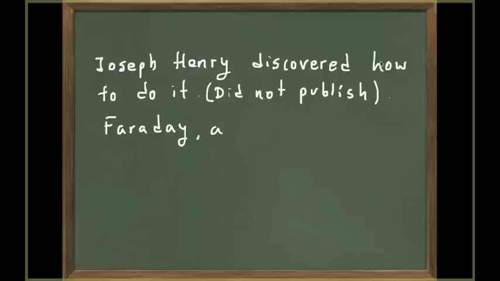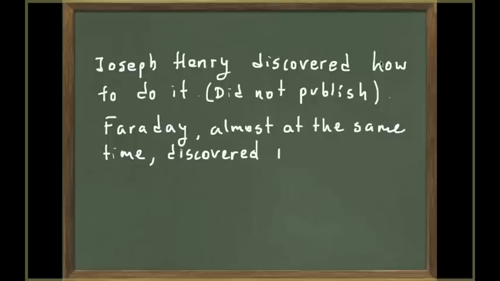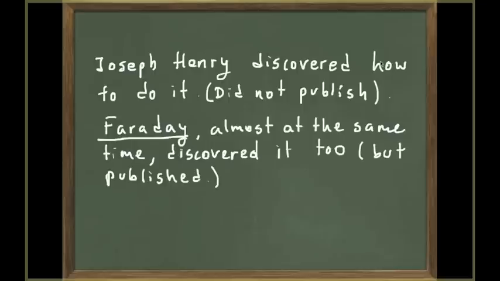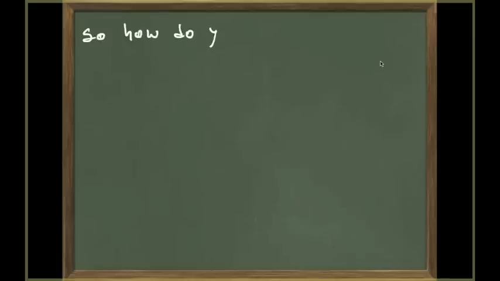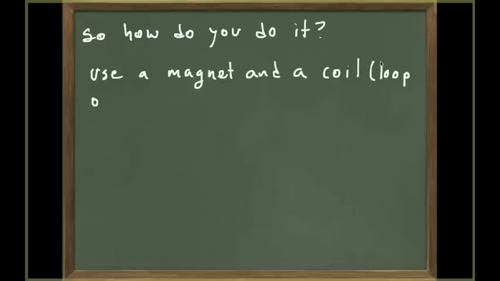He didn't publish, but almost at the same time, Michael Faraday was also working on this problem, and he examined the problem from all possible angles and discovered all of the properties that it had, and he was the one who ended up publishing.